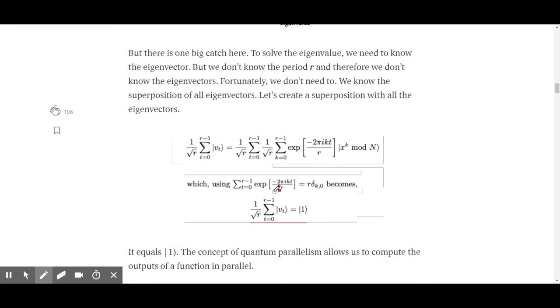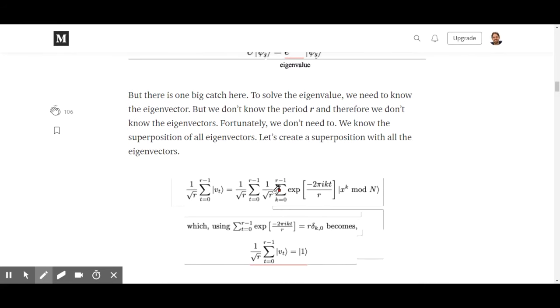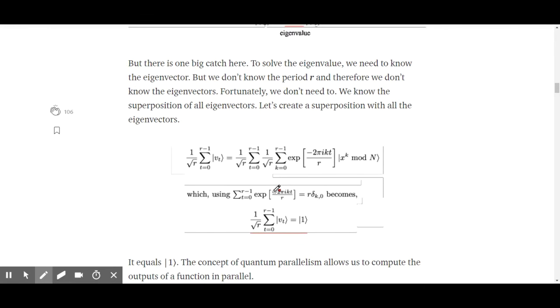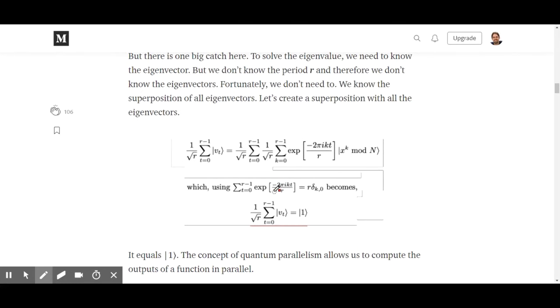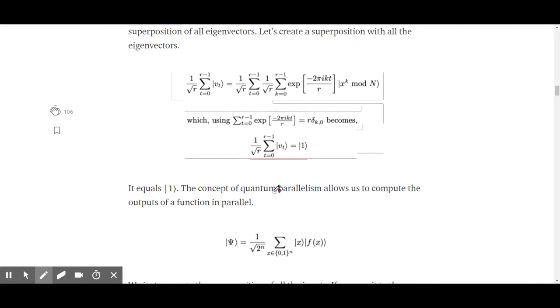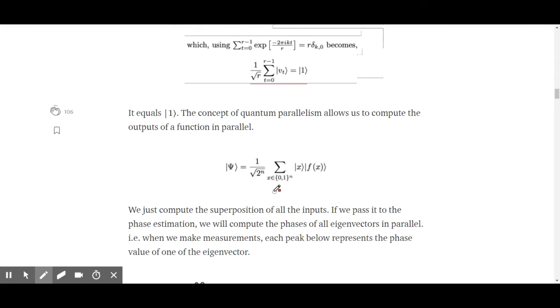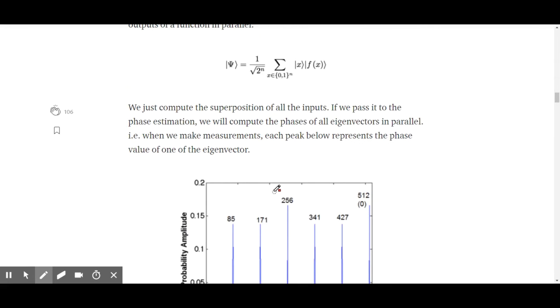Okay, I kind of smell where this is going. So you want to create a superposition with all the eigenvectors. The concept of quantum parallelism allows us to compute the outputs of a function in parallel. So we just compute the superposition of all the inputs. If we pass it to the phase estimation, we will compute the phases of all eigenvectors in parallel.